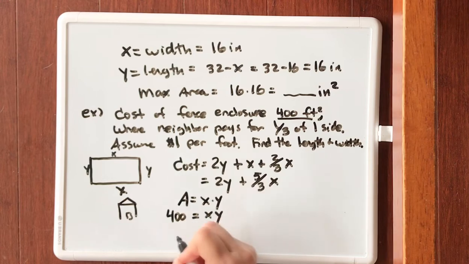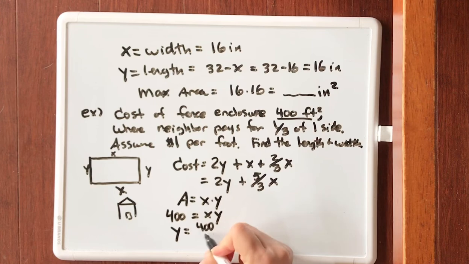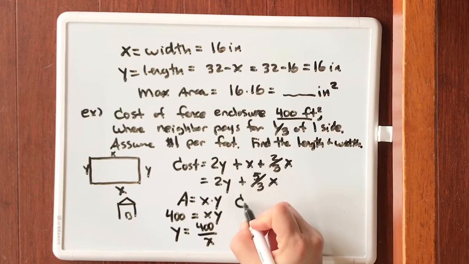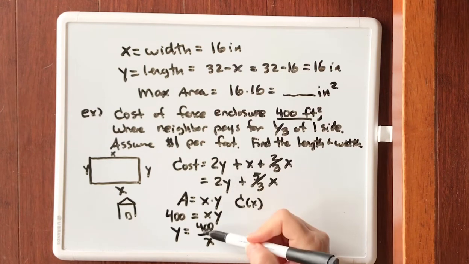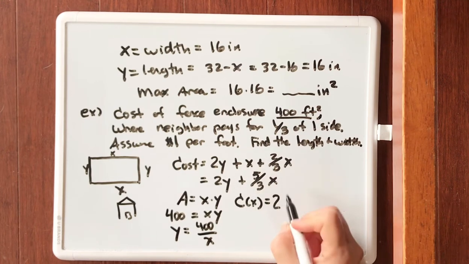Solving for Y, Y is 400 divided by X. Now to find the cost function, we're going to substitute this Y into this right here. So we have all X's that we're dealing with.